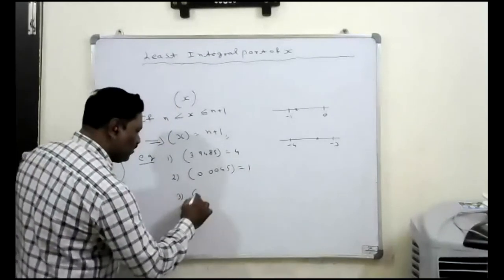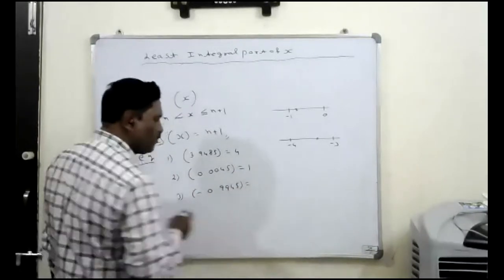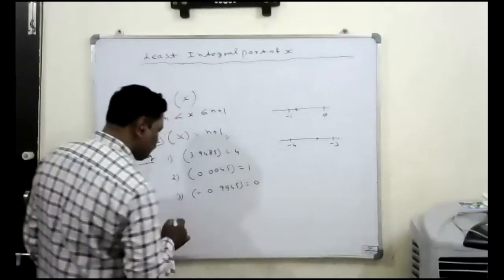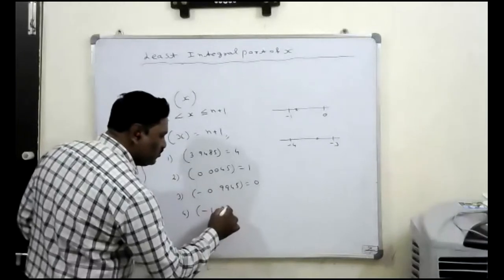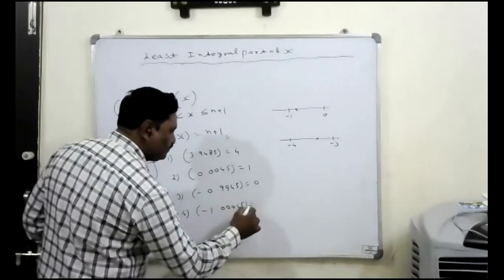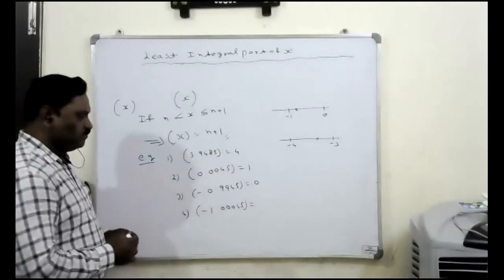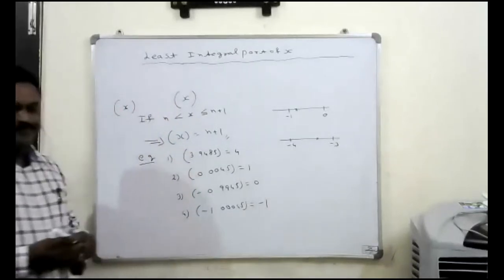Then what is the least integral part of minus 0.9945? 0. What is the least integral part of minus 1.00045? Minus 1.